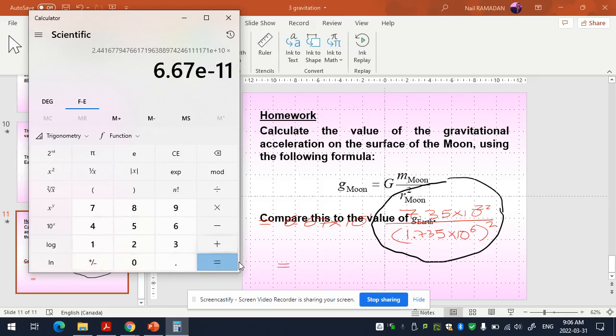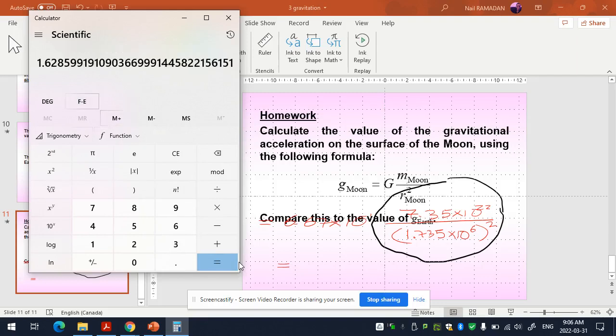Do you expect the gravity of the moon to be stronger than Earth, equal to Earth, or weaker? Weaker. All right. What was the number for the Earth? 9.8. Okay, let's see how weak it is. 1.6. What does that mean? You drop something on the moon.